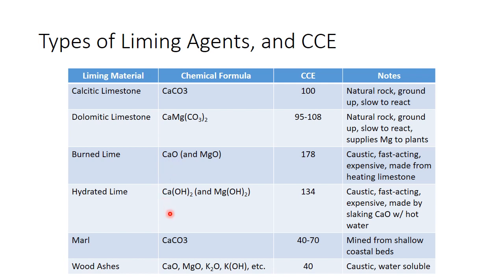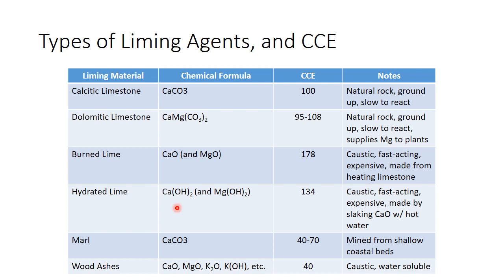All right, the next type is hydrated lime. And this is also fast acting, and it's made basically by taking calcium oxide and processing it further. They take calcium oxide and they slake it with hot water. And again, it costs more.